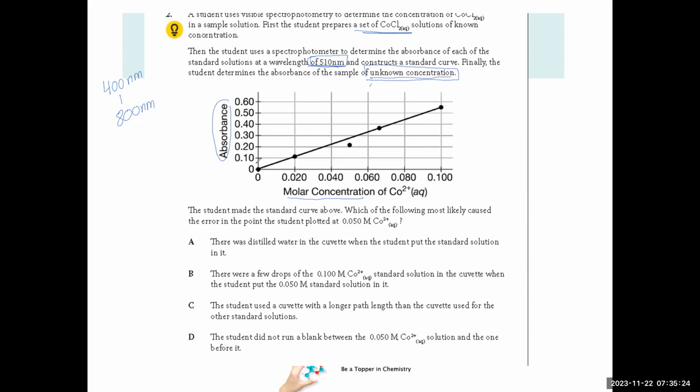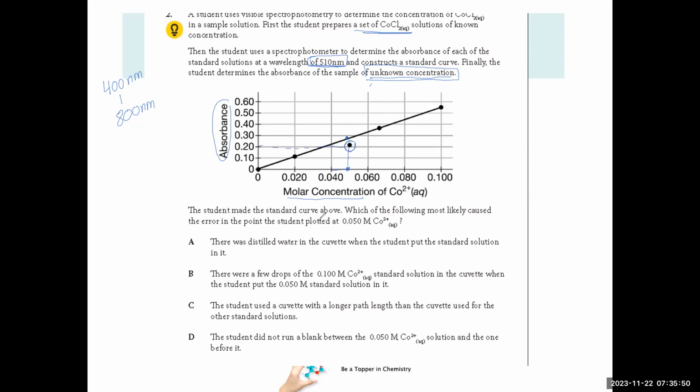And when he was making this standard curve with the standard solutions, there was an error here. You can see the error. This is not falling on this point. This is a higher concentration, but absorbance is low.